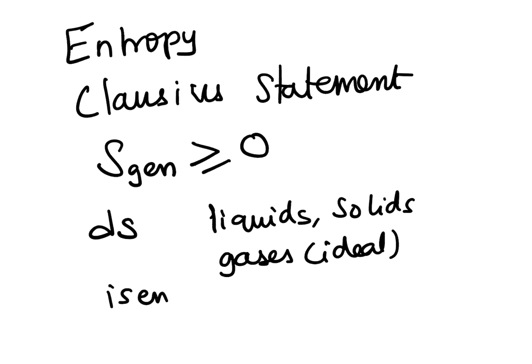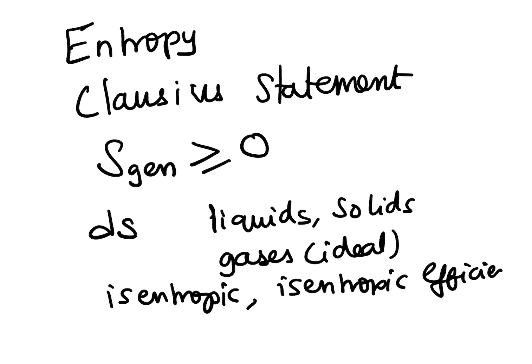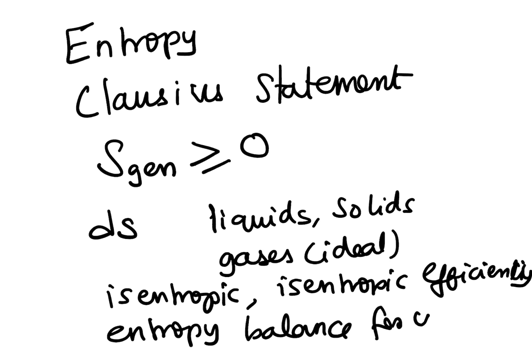We saw what isentropic is, and then isentropic efficiency, and finally entropy balance for closed and open systems.